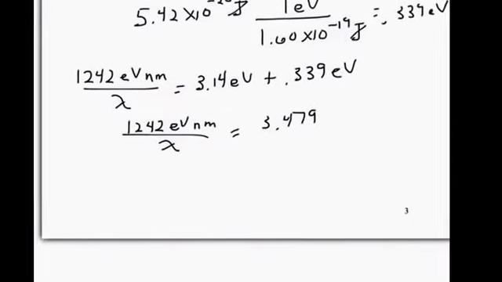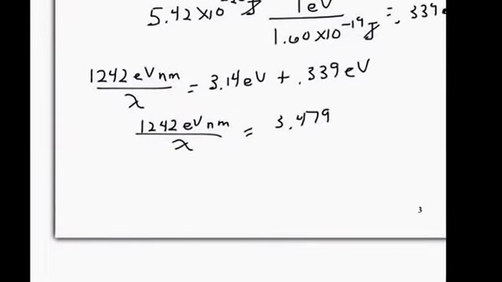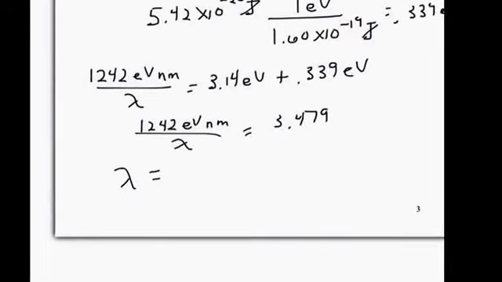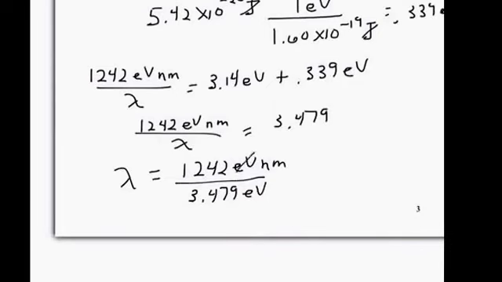Solving for lambda, lambda then equals 1,242 electron volt nanometers over 3.479 electron volts, which cancel, giving me a value of 357 nanometers, which is equivalent to UV light.